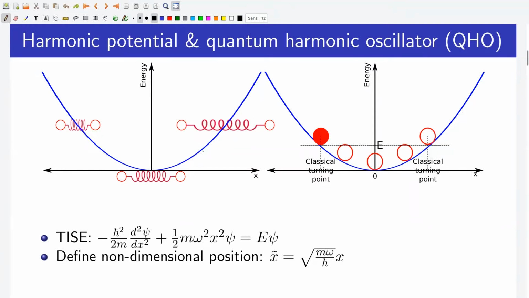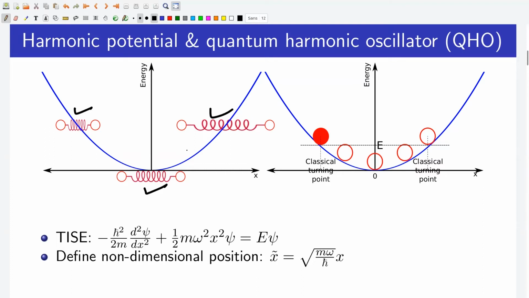In equilibrium, the potential energy is 0. As we stretch or compress, the potential energy increases quadratically with x, where x is the displacement with respect to the equilibrium.